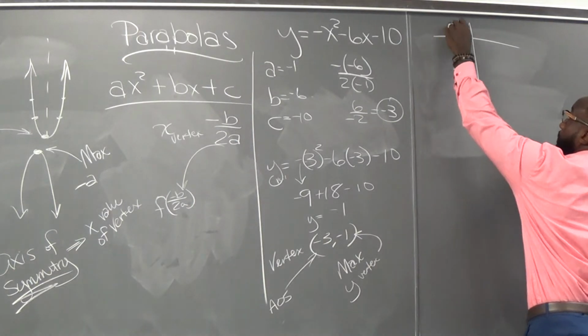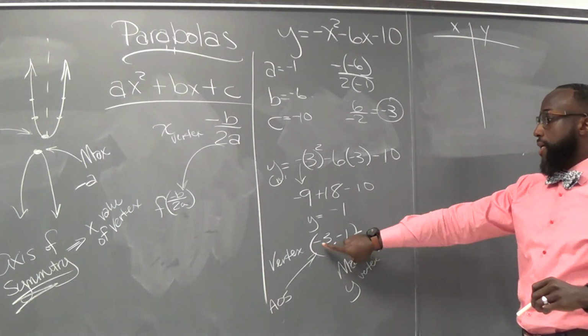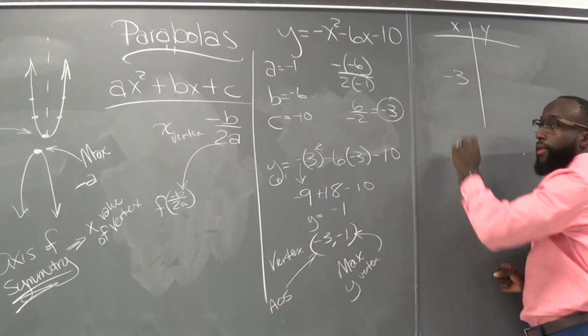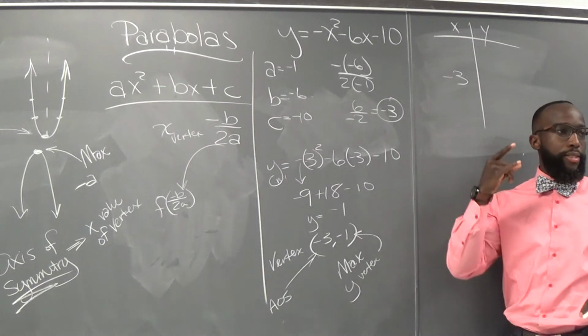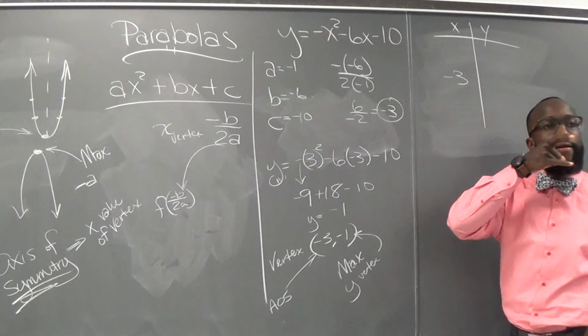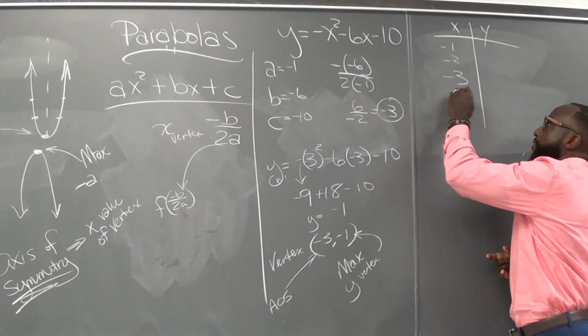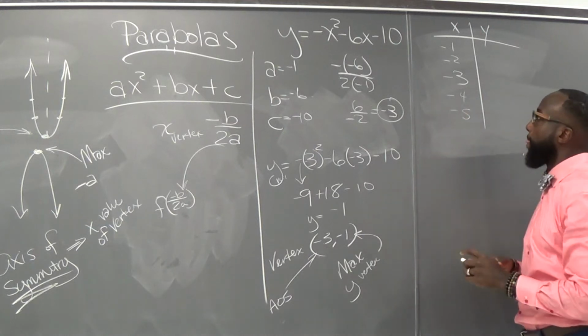Alright, so in order to do that, we made our t-chart, right? And we started at the x value, which would be -3. And we talked about choosing 2 points greater than -3 and 2 points less than -3. Alright, so we'll do -2, -1, and then we'll do -4, -5. Okay?